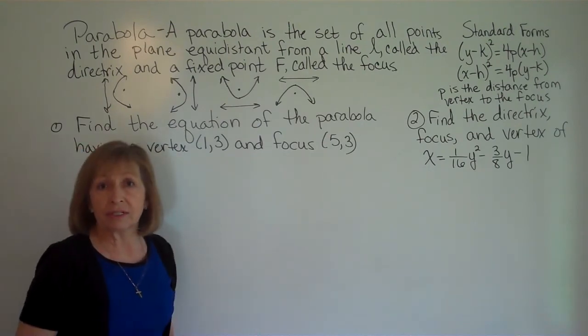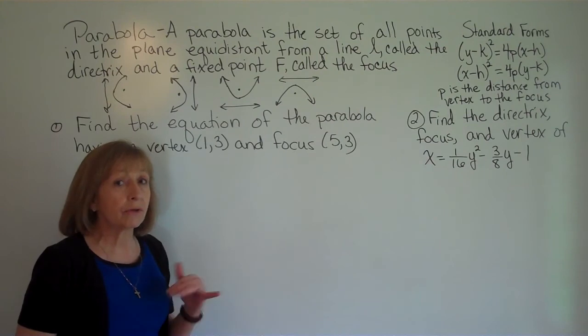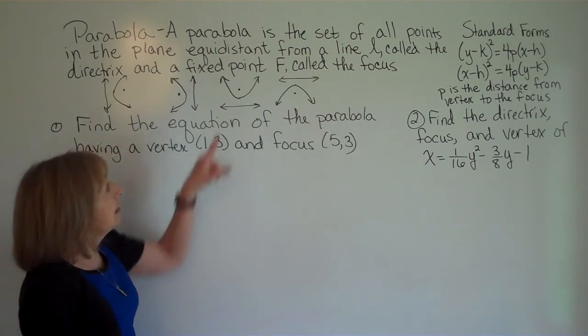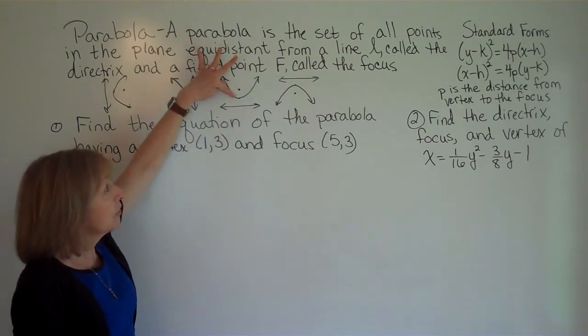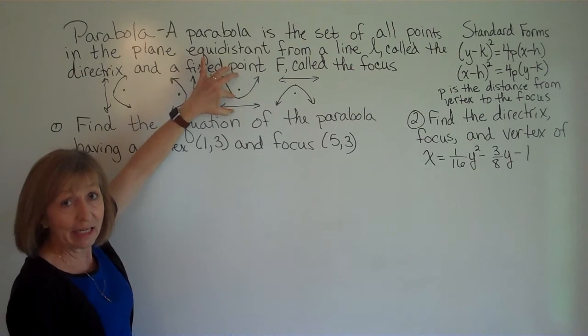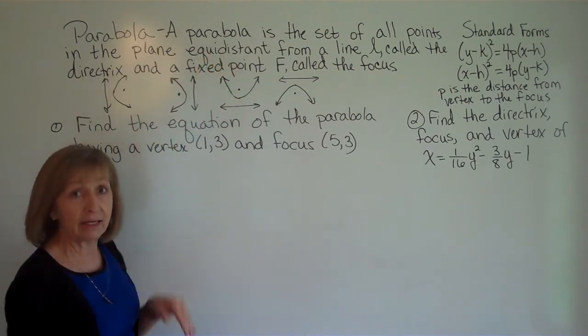So it's important to notice that the parabola always curves around the focus, and the parabola is equidistant between the directrix and the focus. So the vertex is actually sitting between the focus and the directrix, equidistant there.